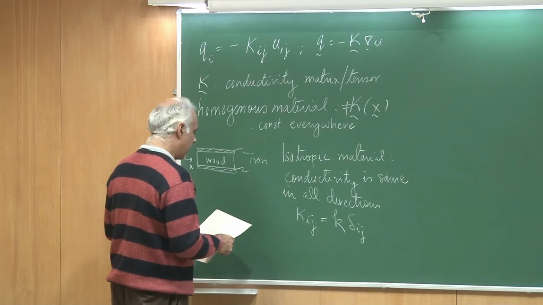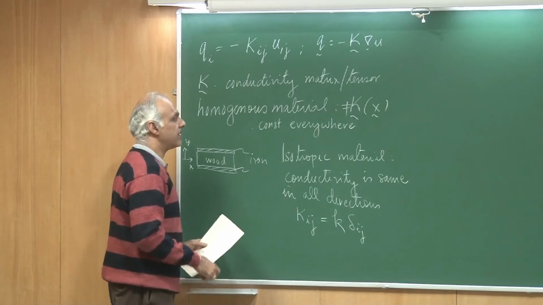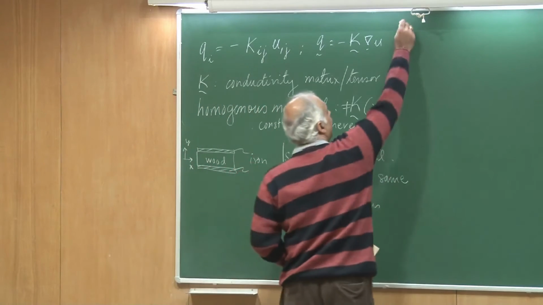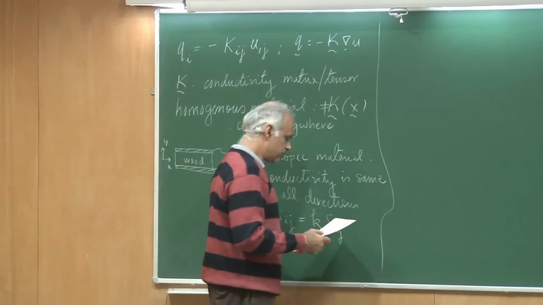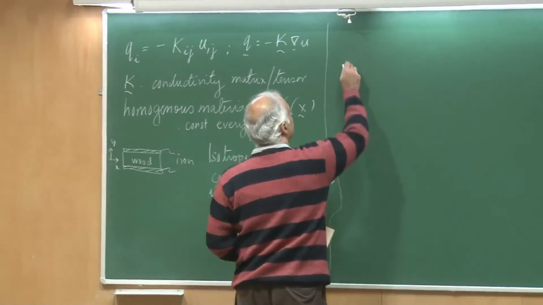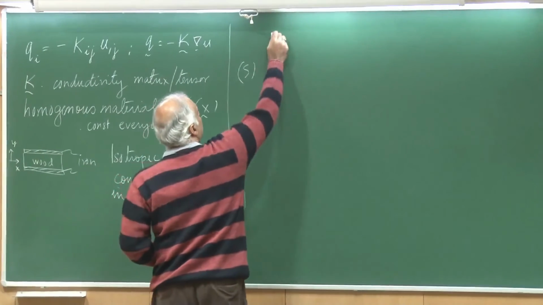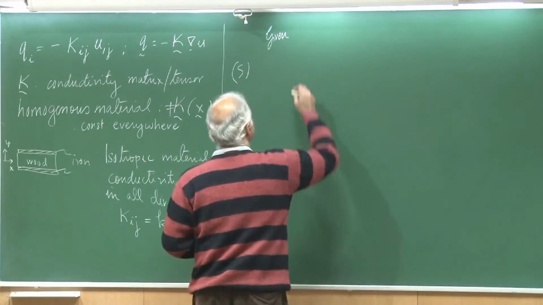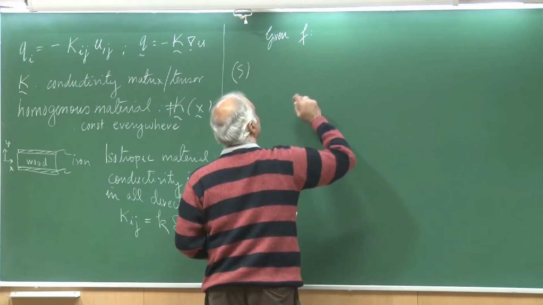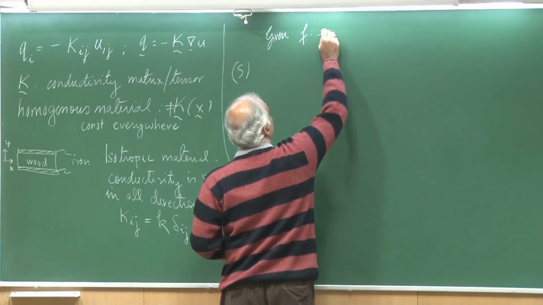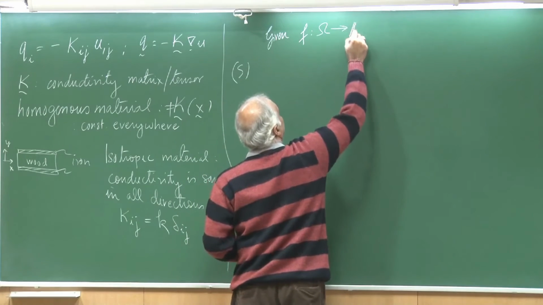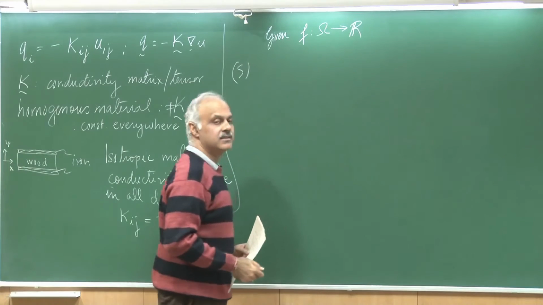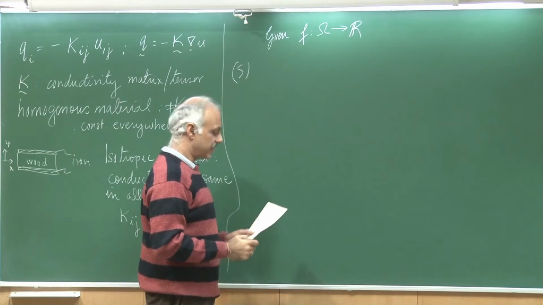Okay, we are going to talk about very simple cases, and let me write down the strong form of the problem for you. So given some constants f, so this is the heat source which is defined on this domain omega, and the heat source is a real valued function.